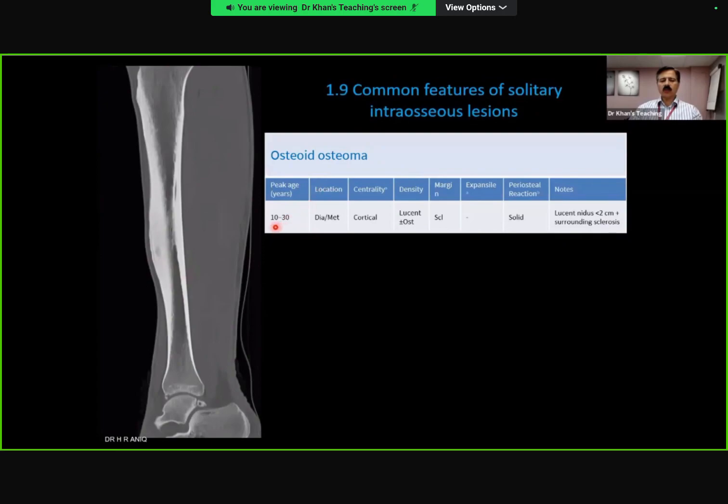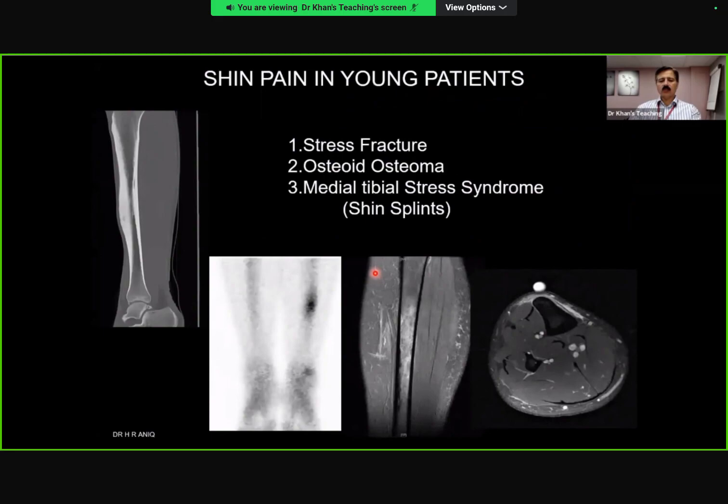And osteoid osteoma, peak age is 10 to 30 years, and lucent nidus, which is less than 2 centimeter. If it is more than 2 centimeter, then it goes to osteoblastoma. In the differential diagnosis of tibia, there is another thing which can be added, but this is not for your FRCR exam.